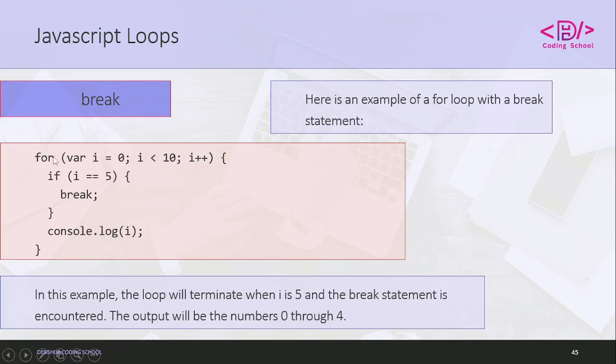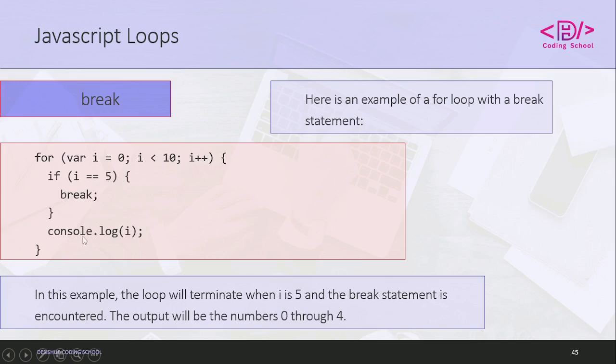So for instance, let's look at this example. You have a for loop here, which is saying from i equal to 0, for i less than 10. This one we have seen, we understand what it means. This for loop will just move, counting from 0 up to 9. But it is saying here, if i is equal to 5, if you reach i equal to 5, break.